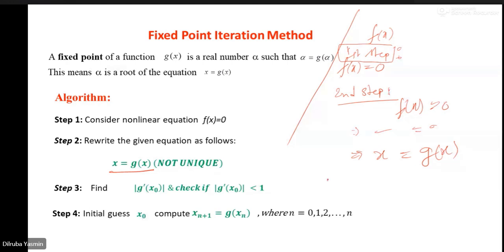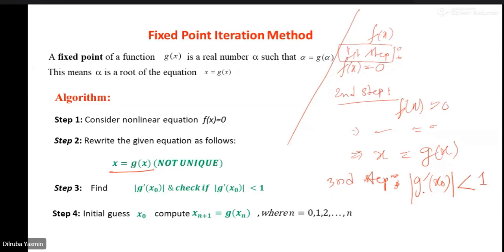Next step. You have to check z prime of x naught, then take the absolute value of this and check whether it is less than 1 or not.